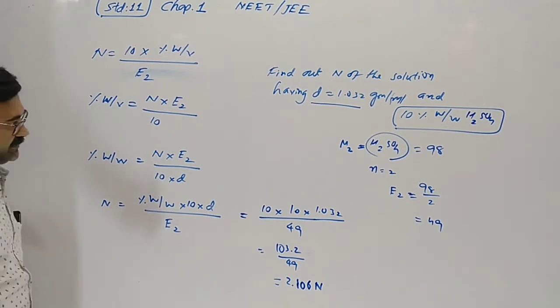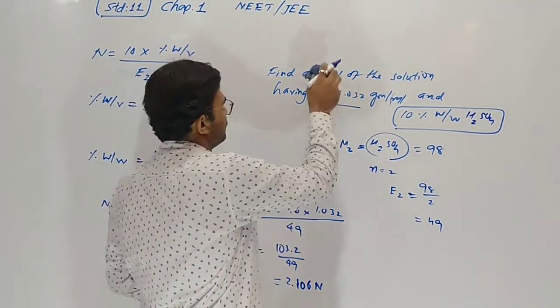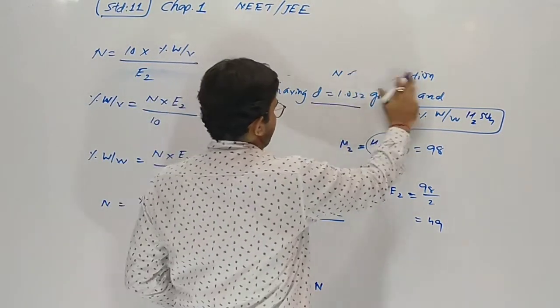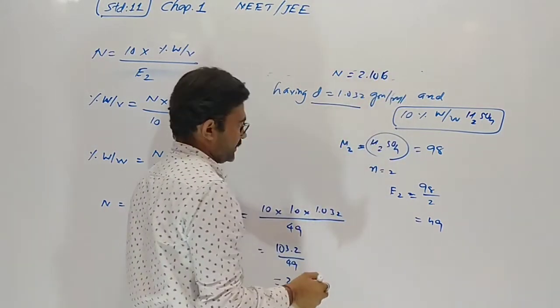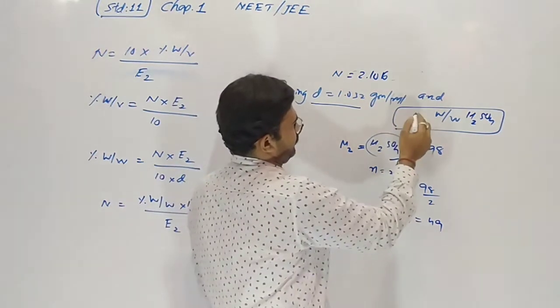Sometimes normality is given. If normality is 2.106, find out the percentage.